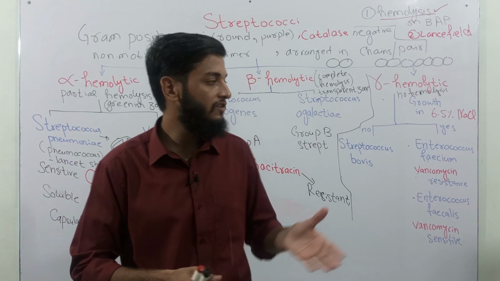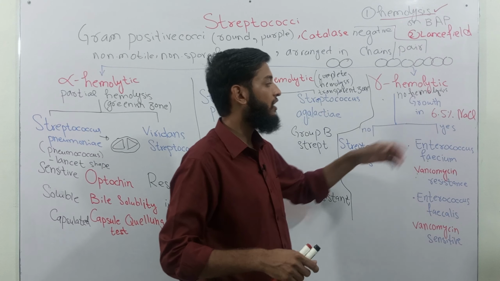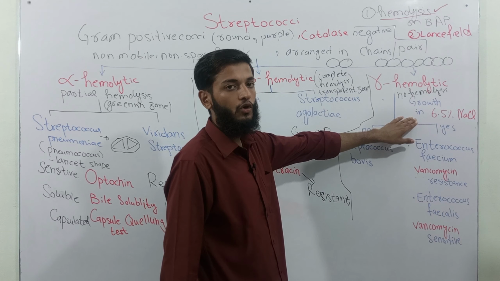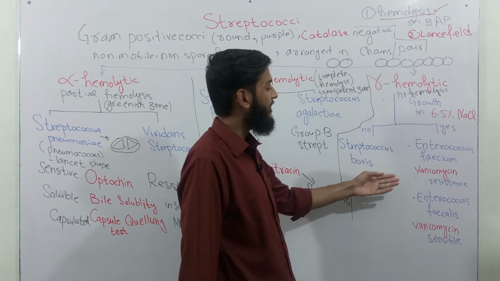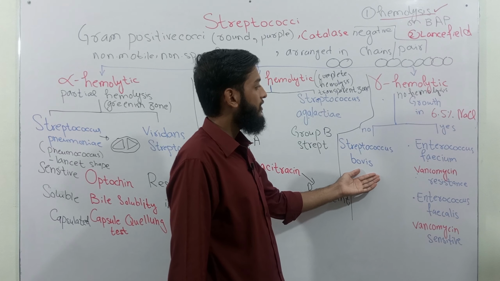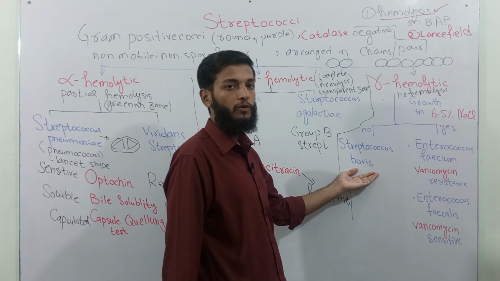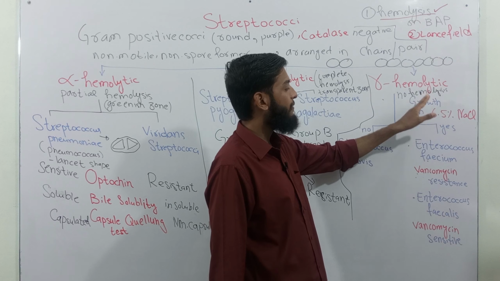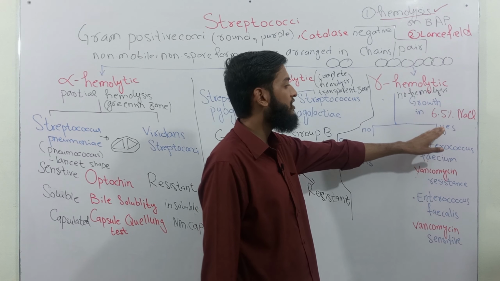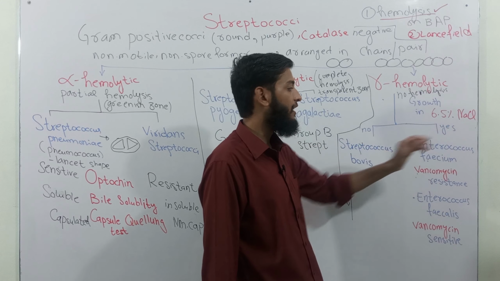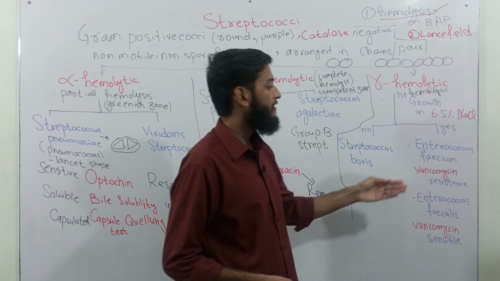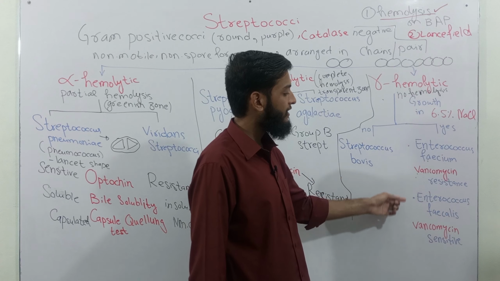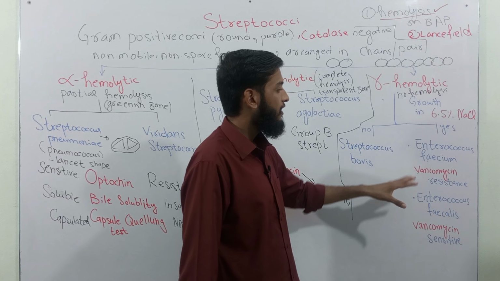Remember, it's an old classification of these gamma-hemolytic streptococci. If bacteria do not grow in the presence of 6.5% NaCl, they belong to Streptococcus bovis. If these gamma-hemolytic bacteria grow in the presence of 6.5% NaCl, they are further classified into two groups, Enterococcus faecium and Enterococcus faecalis.